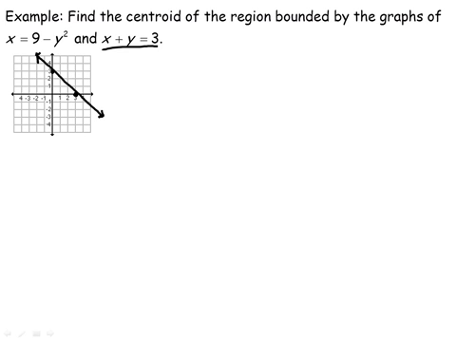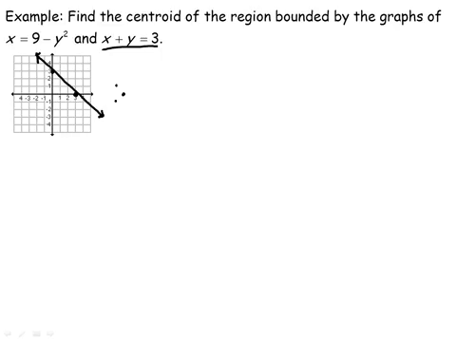Now, the x equals 9 minus y squared, you're not used to seeing that. X equals 9 minus y squared is a parabola, but it's opening backwards, and it's opening to the left. So the vertex is out here at 9, 0. And then if you come in, if y is 1, you know that x is going to be 8.